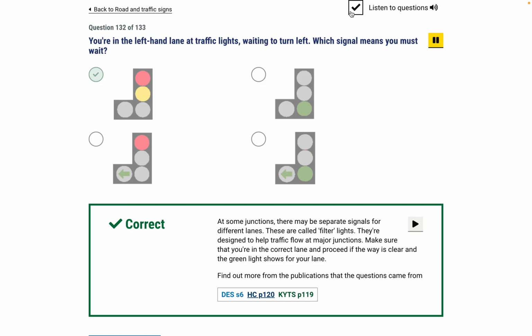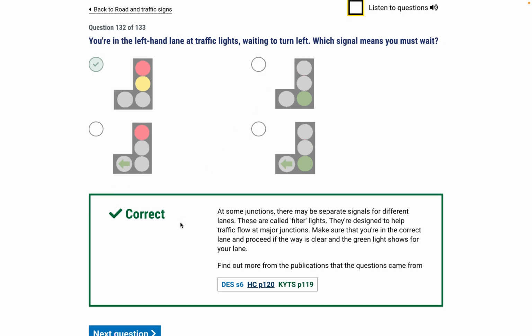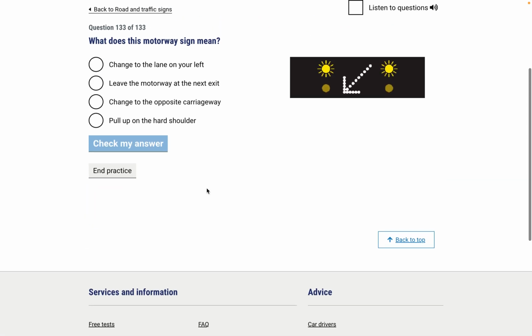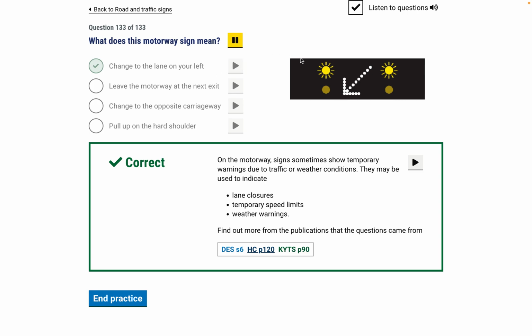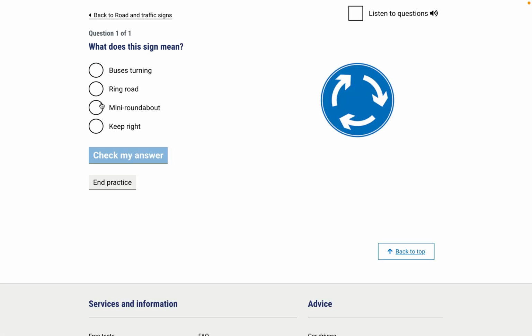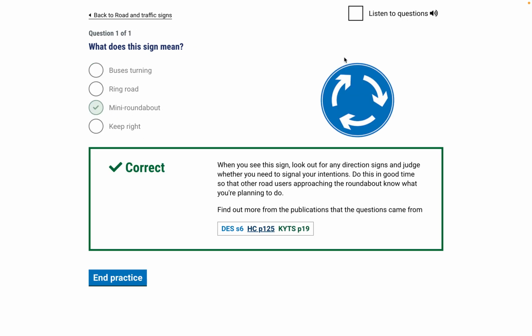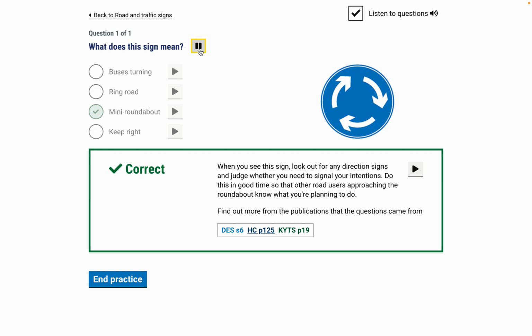You're in the left-hand lane at traffic lights, waiting to turn left. Which signal means you must wait? What does this motorway sign mean? Change to the lane on your left. What does this sign mean? Mini roundabout.